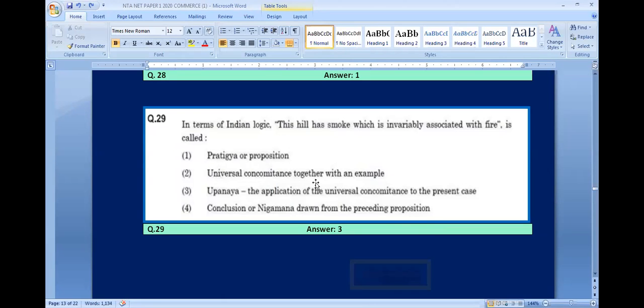That is application of your knowledge to the present case. So the hill has smoke. What does it mean? You are applying your knowledge here. When the hill is smoky, the hill is fiery, correct? When there is a smoke, there is a fire, and vice versa is not true. So it is application of knowledge.